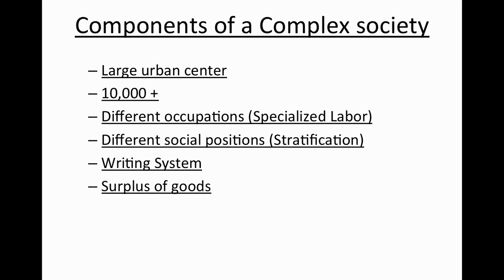You're going to have people that might domesticate animals, or they might be artisans, or they might farm. You're also going to see a social class system. You're going to see writing systems, and you're going to see surplus of goods, which again allows for that specialized labor. So definitely be able to articulate what a complex society looks like.